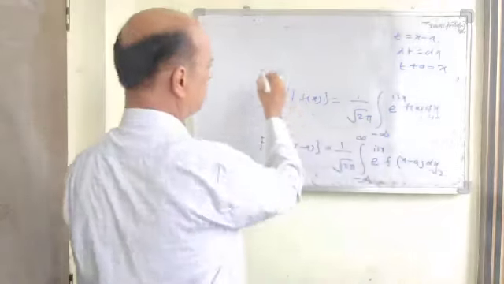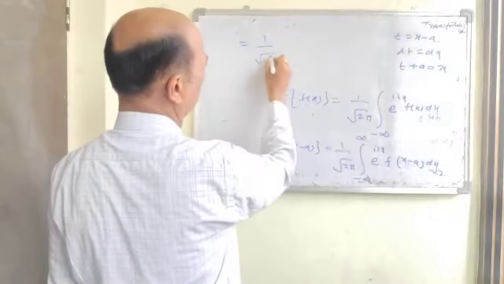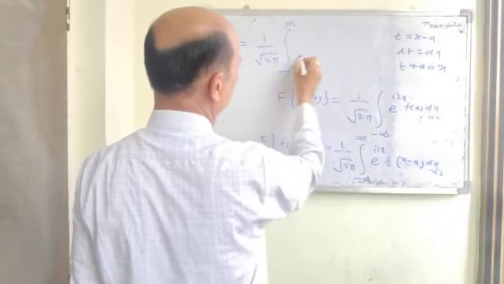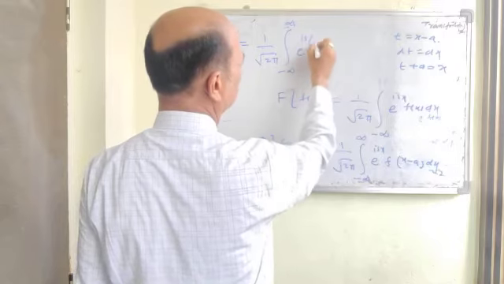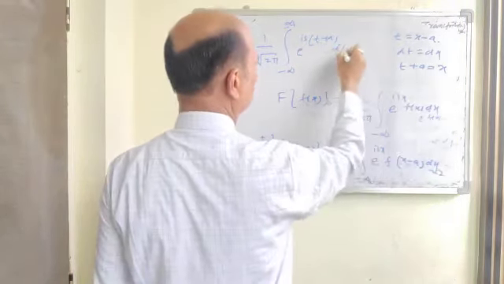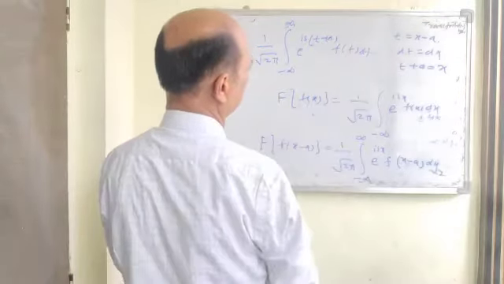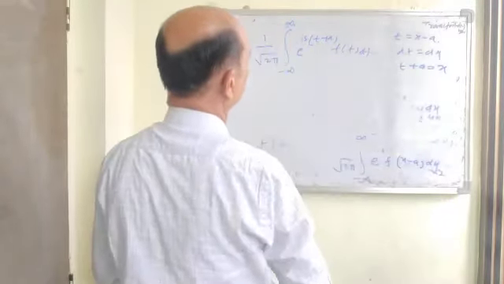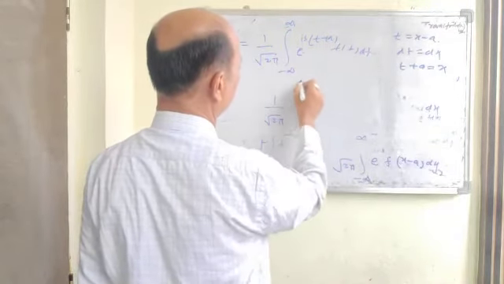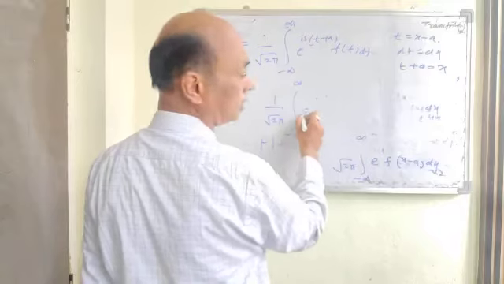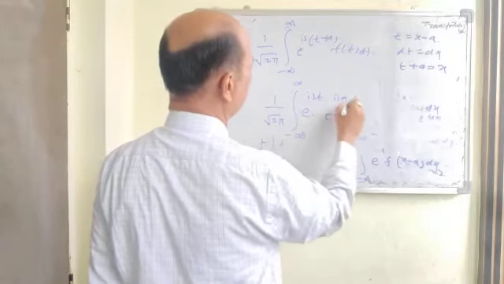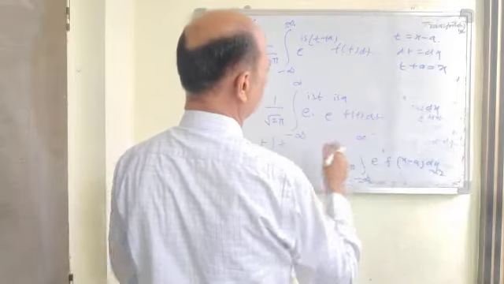So if we make this substitution, what will happen? 1 upon root 2 pi integration from minus infinity to infinity e to the power is(t plus a), and f of t dt. Here this can be written as e to the power ist e to the power isa f of t dt.